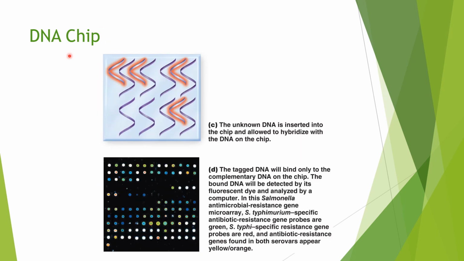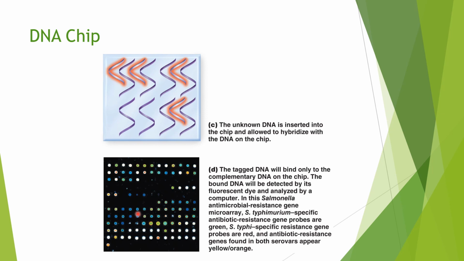Those DNA chips can actually be used to figure out specific genes that are carried. So if we have a DNA probe for, let's say, an antibiotic resistant gene, and it's fluorescing red, versus another antibiotic resistant gene that fluoresces yellow, you look at your chip and figure out the colors that you get.